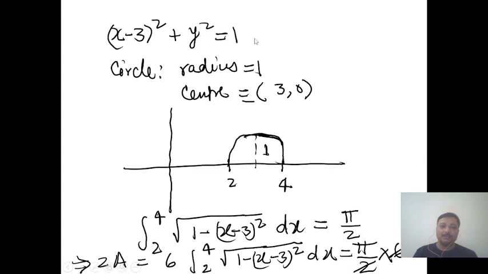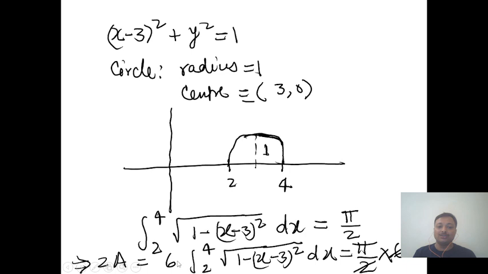So we can plot this. This is the circle, and we are showing the upper half portion. So the integral from 2 to 4 of square root of 1 minus (x minus 3) whole square dx we can write as pi by 2, because pi r square here with r equal to 1 is pi, but that is the whole circle area and this is a half circle, so this will give you pi by 2.